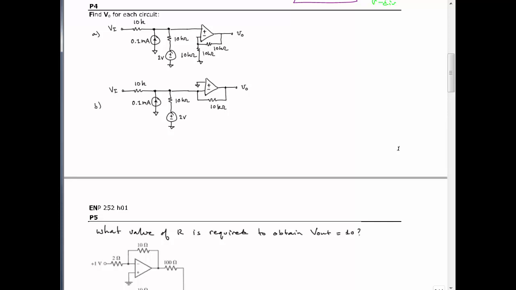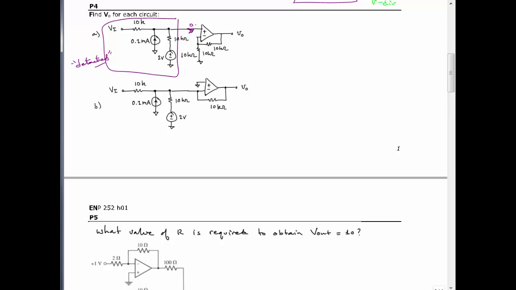Okay. So for number 4, you're going to practice superposition. What you want to recognize first is that right here, this is detached from the OpAmp, again, because the current going into the non-inverting input is 0.